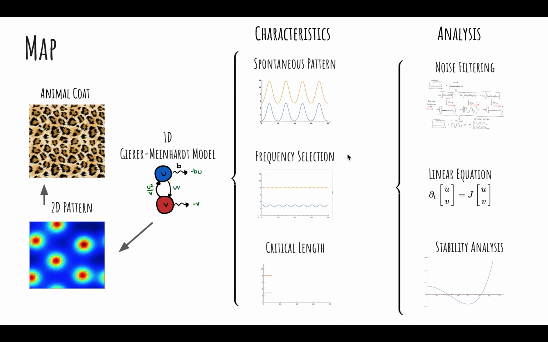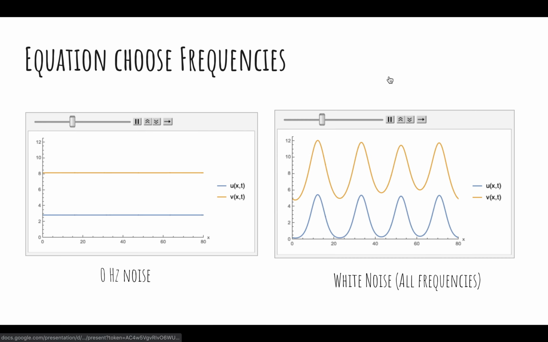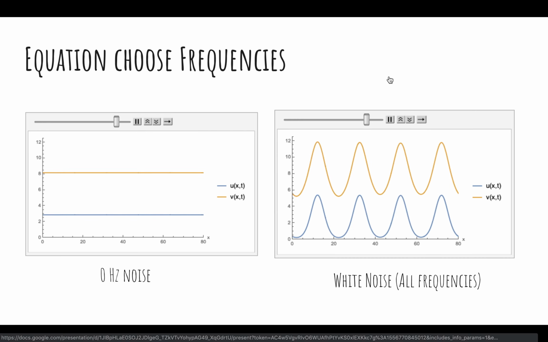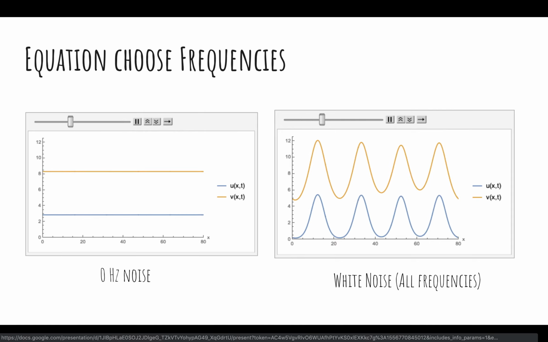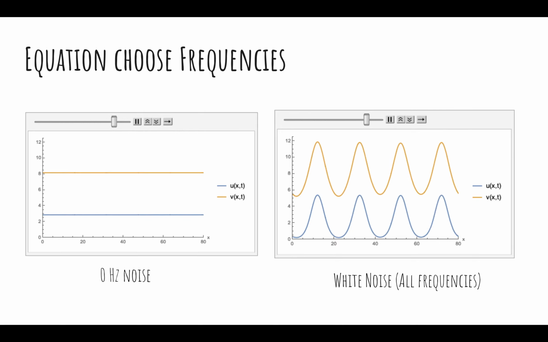Now, the second characteristic is that it seems to select certain frequencies of the noise. As you can see in the animation, the zero frequency noise is a mere jerk of the function up or downwards as a whole.